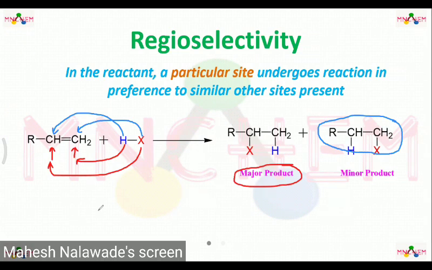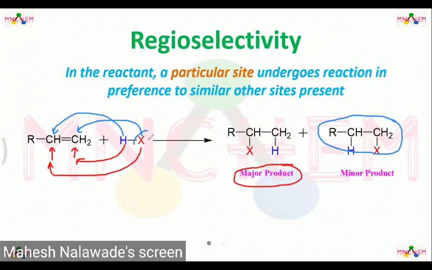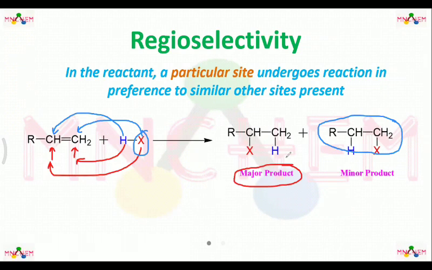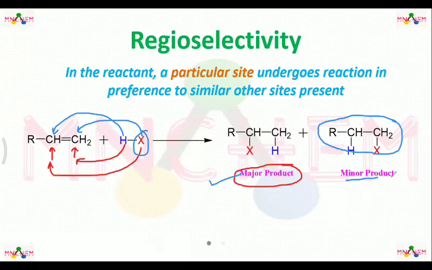So here we have two sites for addition of halogen. According to Markovnikov's rule, the addition of X results in the more stable carbocation and gives the major product, while the addition of X according to anti-Markovnikov's addition gives this minor product.